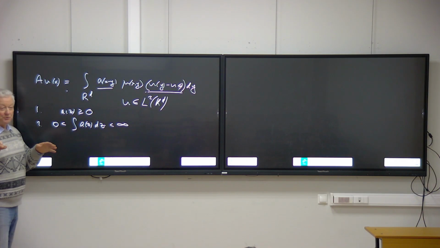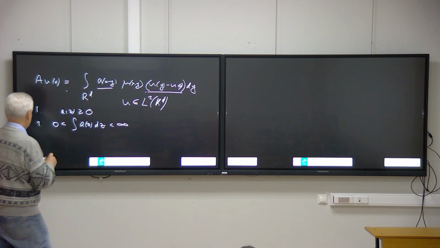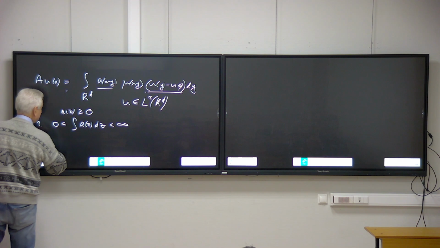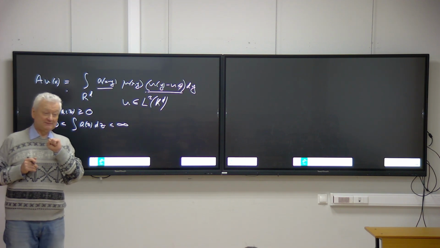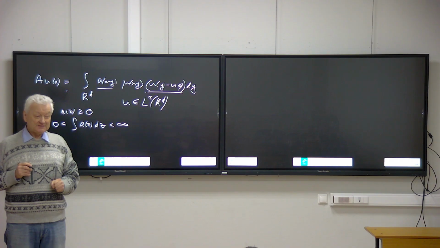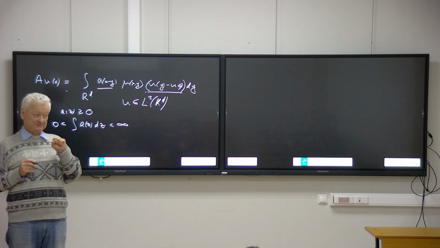We want to exclude the trivial case when the operator is just the zero operator. And the third condition is that the second moment of this coefficient a is finite. And it's a very important condition.